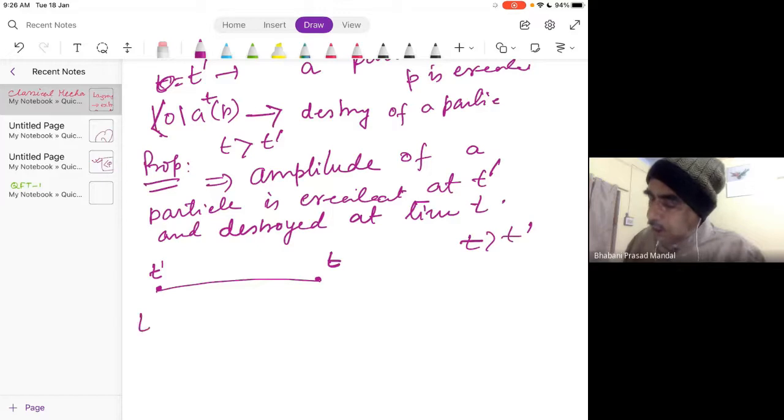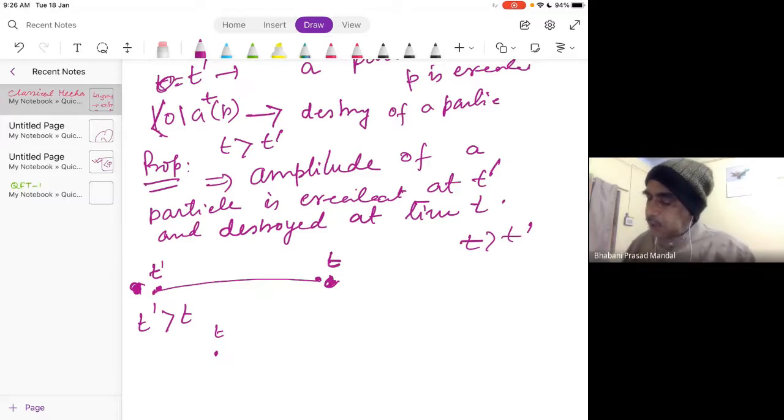Similarly, when we consider t prime greater than t, the particle will be created at t, t is the earlier time, and so this is creation. So this is created and this is destroyed.